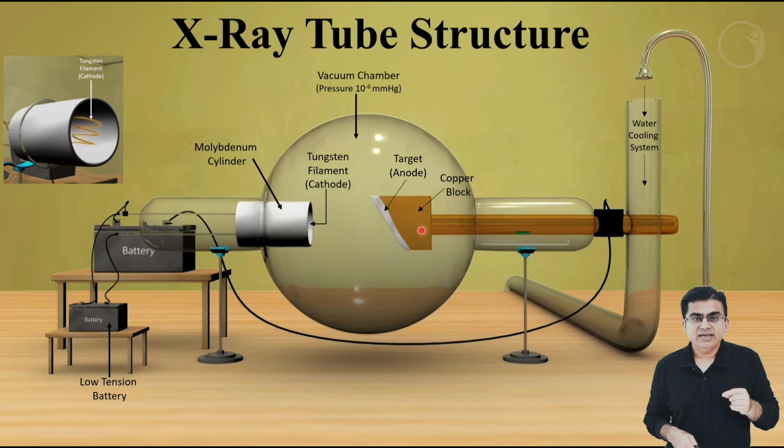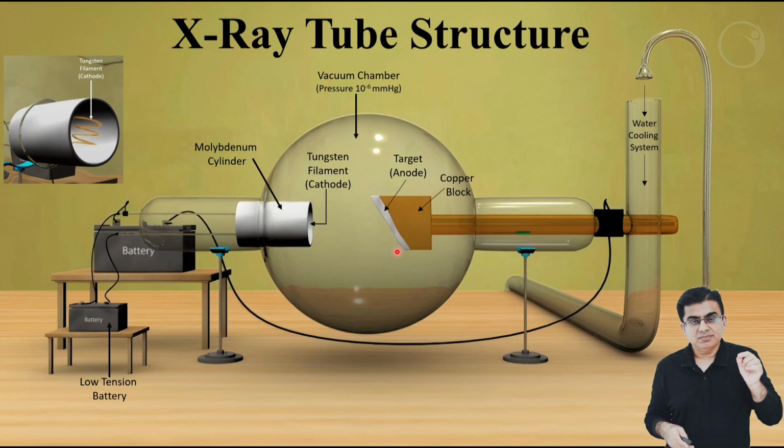Second, tungsten has an extremely high melting point of almost 3000 degrees Celsius. This high melting point is very useful for an X-ray tube because in an X-ray tube there occurs an intense amount of heat, and the tungsten target can easily tolerate these extreme temperatures without melting, cracking or suffering any damage.